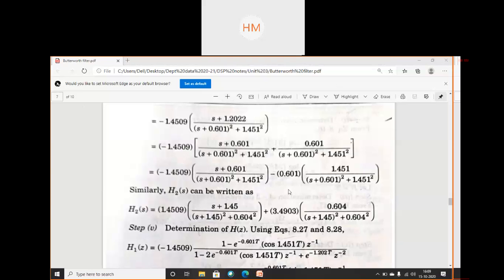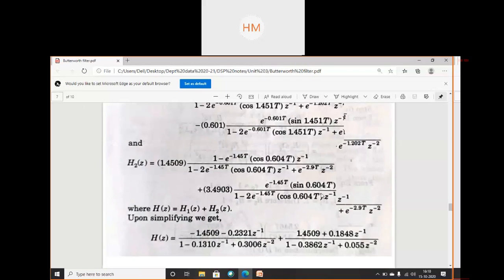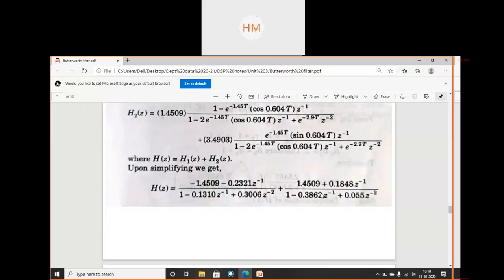Any doubt you are having? Yes, students. So this is the whole numerical. In general, this type of numerical will be asked for 20 marks. H1 of Z, H2 of Z. So this we have completed.